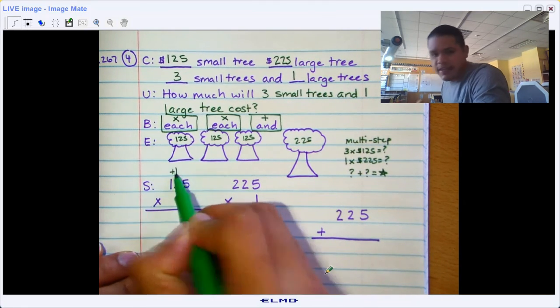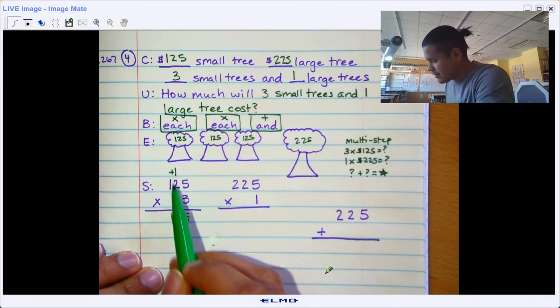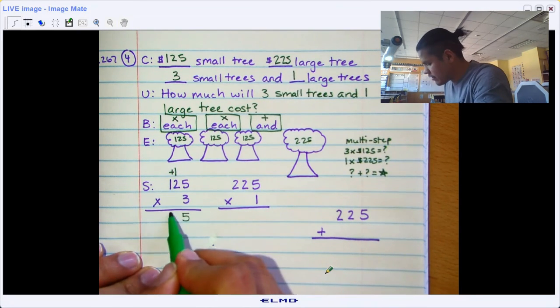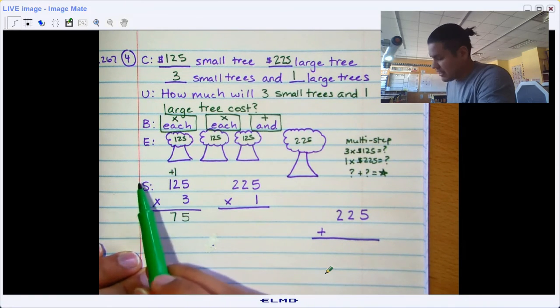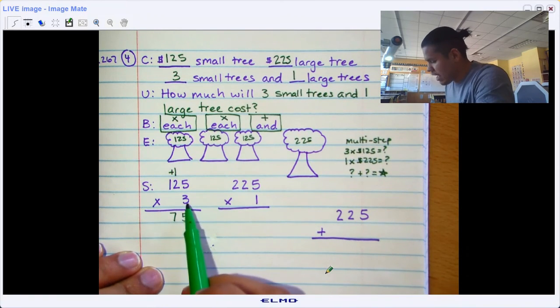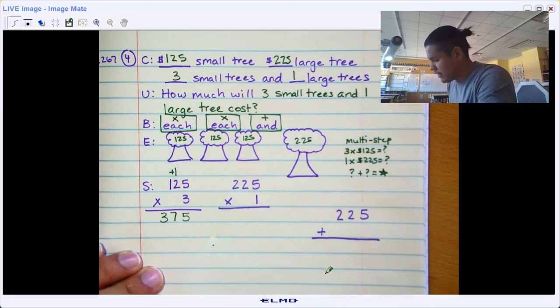I regroup to the next place value. 3 times 2 is 6, plus 1 more is 7, so the 7 goes in my tens place. I do not need to regroup because it's less than 10. Now I multiply 3 times the last digit that I have left to multiply, which is 1. So 3 times 1 in the hundreds becomes 375, okay?